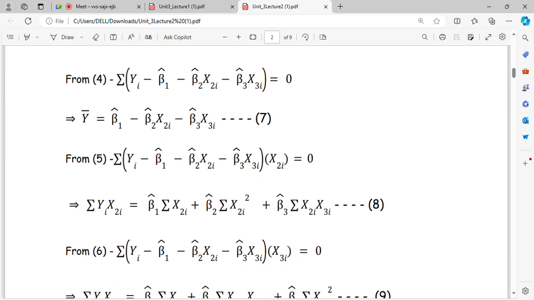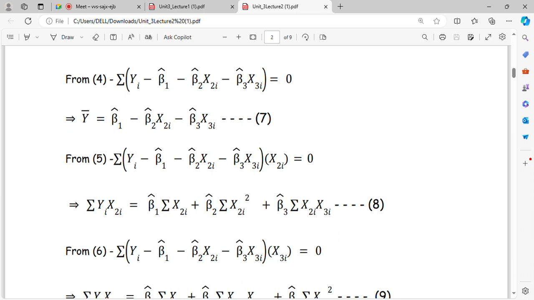Now from equation 5, we can easily write summation yi minus beta 1 hat minus beta 2 x2i minus beta 3 x3i times x2i has to be equal to 0. If we again do the same thing, we can easily get summation yi x2i minus beta 1 hat summation x2i minus beta 2 hat summation x2i square minus beta 3 hat summation x2i x3i.